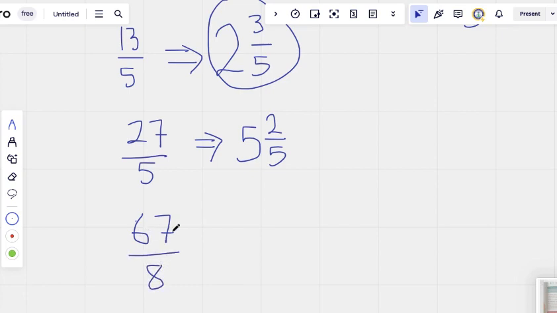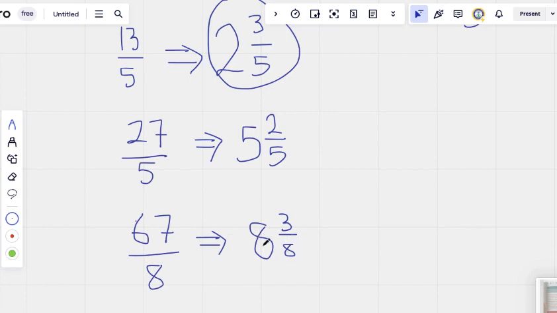How many times can 8 go into 67? 8 times 8 is 64, so it goes 8 times without a remainder. 67 minus 64, you get 3. So 3 over 8. Finish. It's easy to convert an improper fraction to a mixed number.